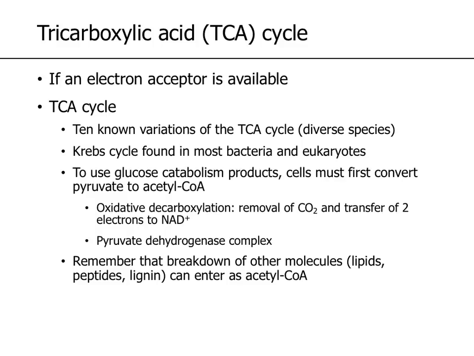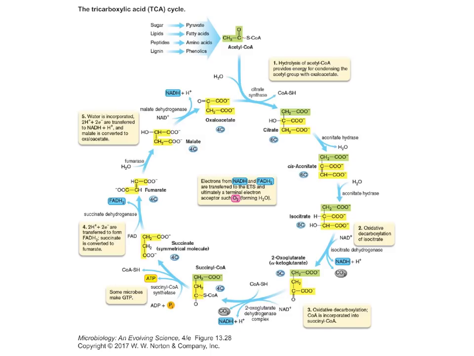But remember, we talked about last time the general catabolism of other molecules. So glucose is not the only thing, right? We had talked about lipids, peptides, and all of that. And all of those in the end ended up looking like something that could be converted to acetyl-CoA. And so all of those things can now enter the TCA cycle here. So this is what the whole thing looks like.